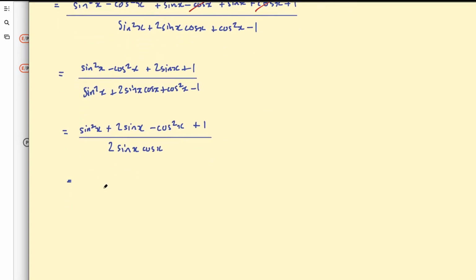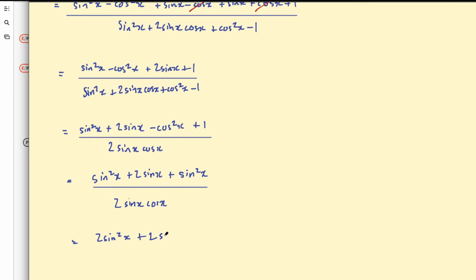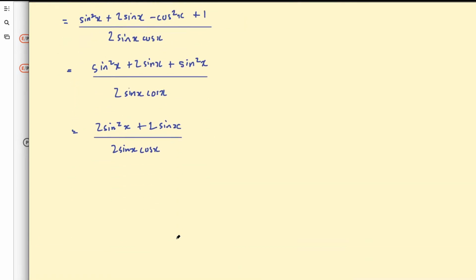Oh wow. Huh. Here we have 2 sine squared x. Oh, we've got there. We're going to be able to cancel a 2 sine x. Wowee.